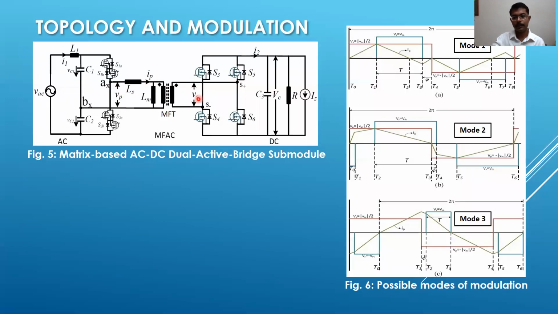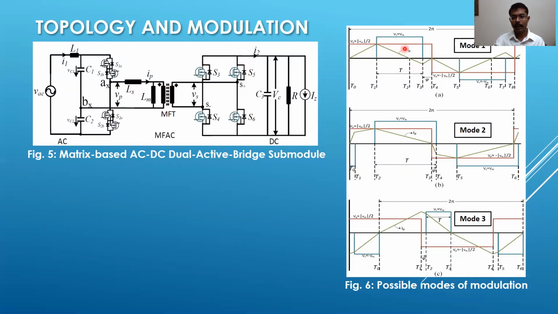And here we can see the possible modes of operation, where the red waveform is the waveform VP, that is the square waveform that is being generated by the half bridge matrix converter, and the blue waveform is the pulse that is being generated by the H bridge, and both of these signals are being separated by equivalently the leakage inductor of the medium frequency transformer, which then has the current IP.